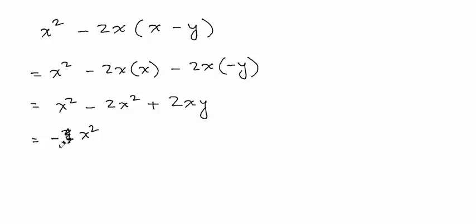So just x squared is fine. So I'm going to erase this off. So we have a negative x squared plus 2xy. We can bring the positive quantity ahead of the negative and rewrite this as 2xy minus x squared.